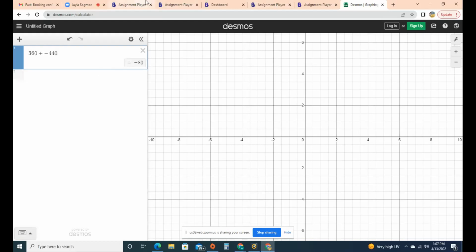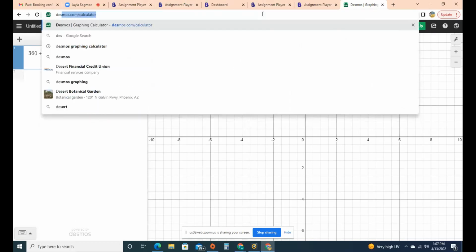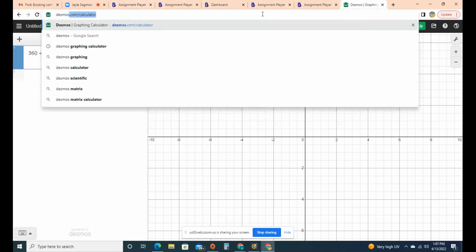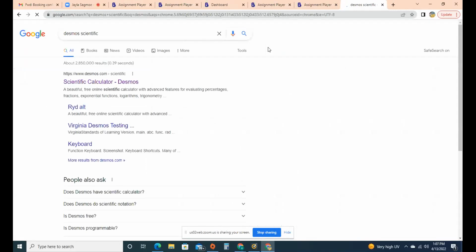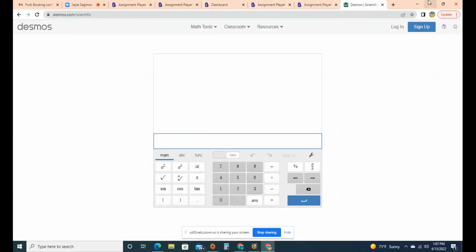If you can, go to the Desmos Scientific, not the calculator. It's another. Yeah, either. There it is. Grab that. And if you can, it would be good to make it kind of split screen if that's at all possible. Left and right.